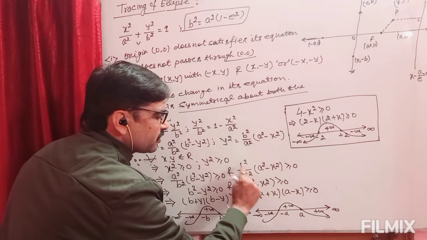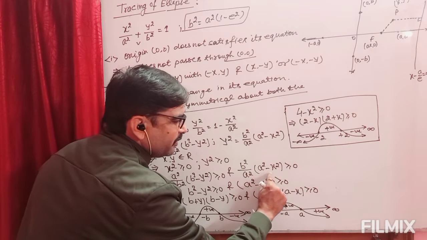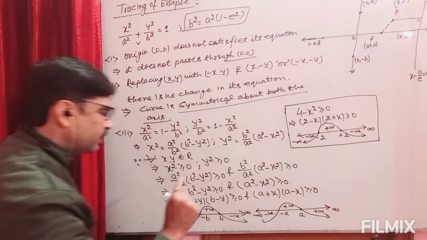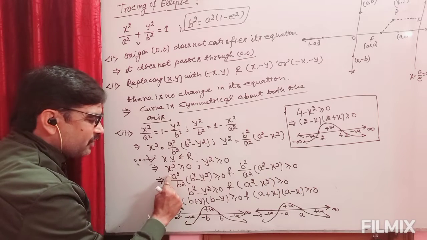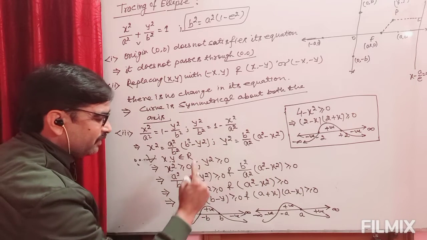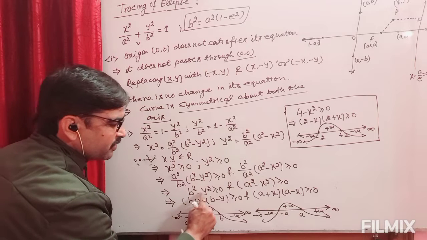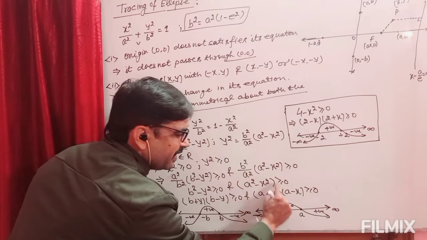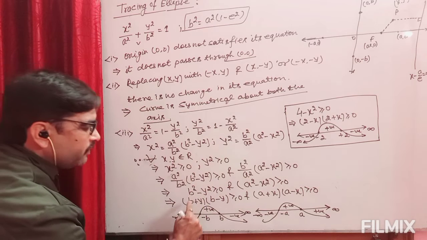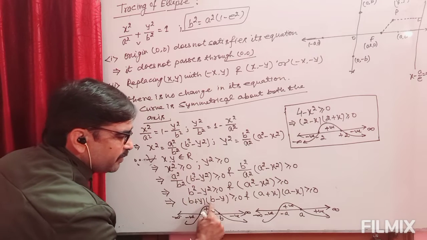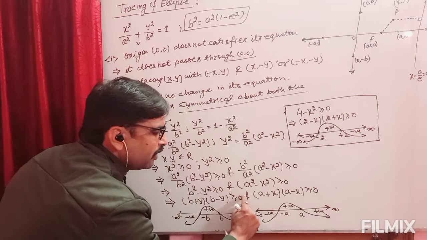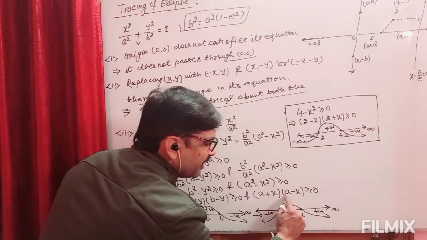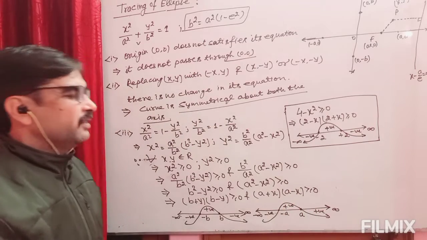Simultaneously b square upon a square into a square minus x square is greater than or equal to 0. That indicates a square upon b square is constant, that will be removed. So b square minus y square is greater than or equal to 0 and a square minus x square is greater than or equal to 0. Now factorize it. b plus y, b minus y greater than or equal to 0, and a plus x, a minus x greater than or equal to 0.